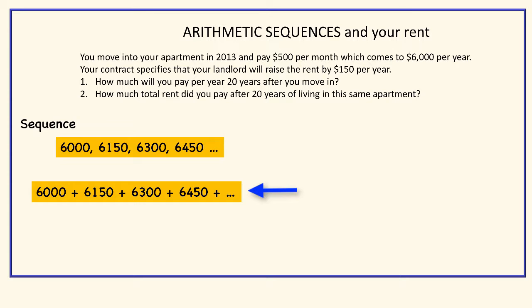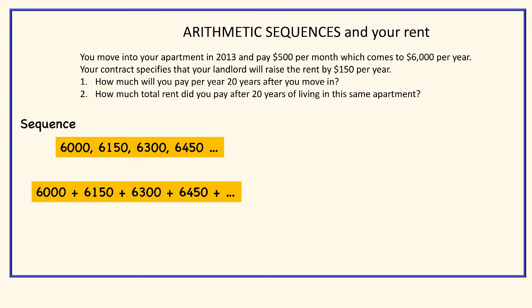So I've ended here at $6,450 in my 4th year. I could add another $150 to that, so we would have $6,600 in the 5th year. And I would just keep adding numbers to my total until I've gotten all 20 years of rent and added them all up. You could do that, no problem.